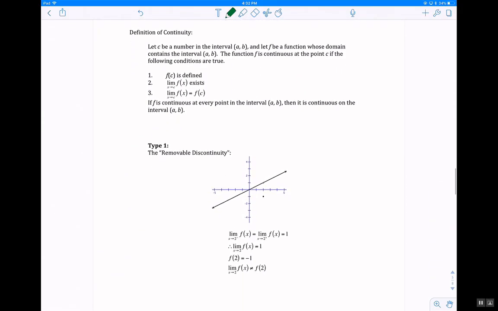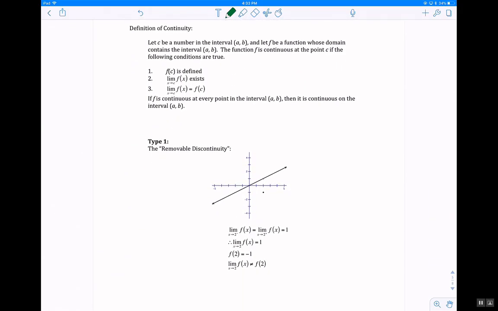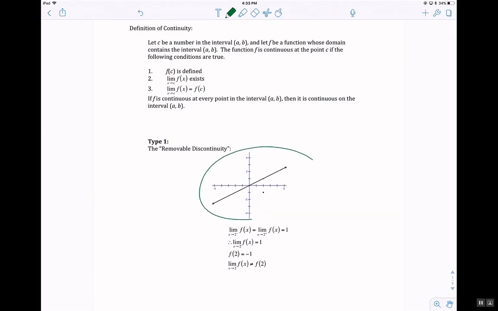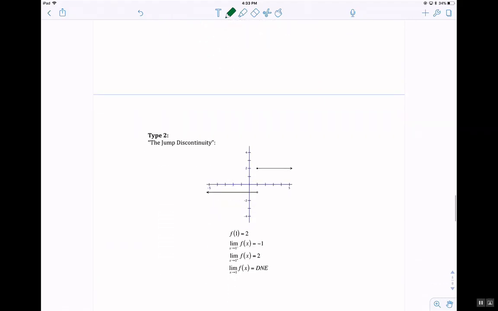Okay, the definition of continuity we've talked about before. The left side and right side limits have to be equal to each other, and it has to be equal to f of the point. So here's a rule of discontinuity. Bug walks along the graph, falls through the hole, that's a removable discontinuity.